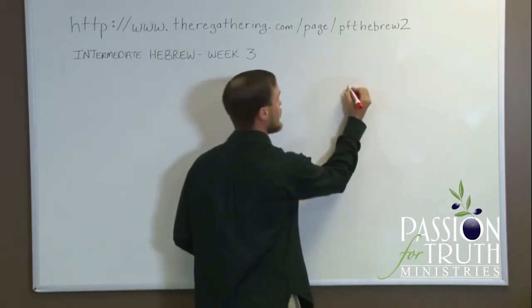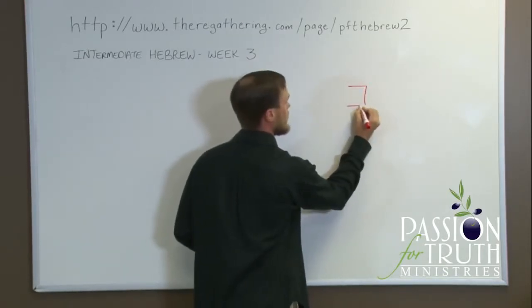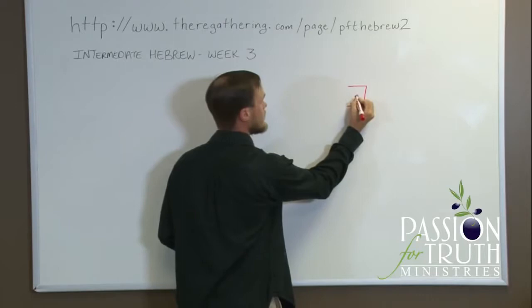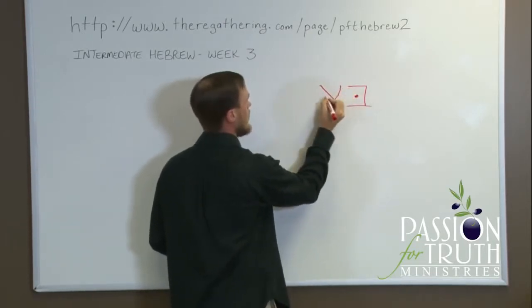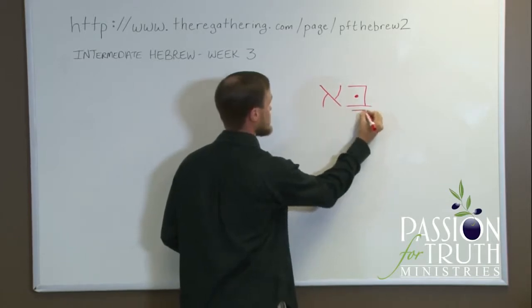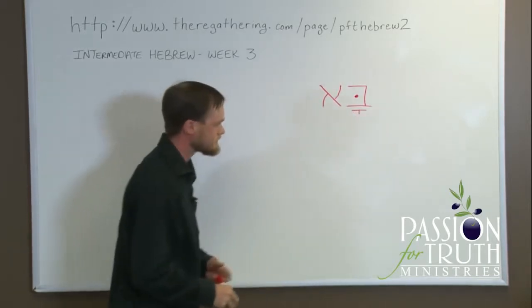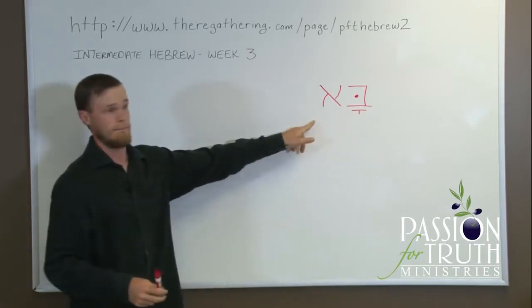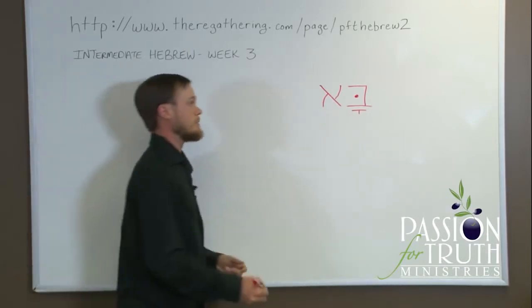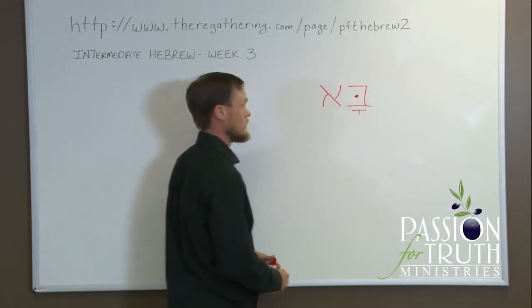So, the verb that I'll give is bait, aleph, with a komets under the bait. This is pronounced ba, and ba is in the present tense.